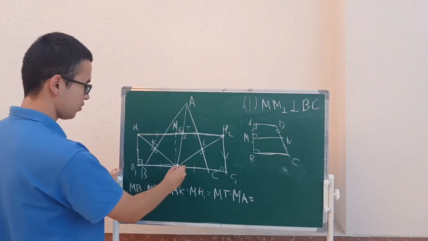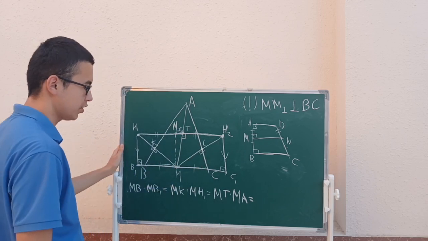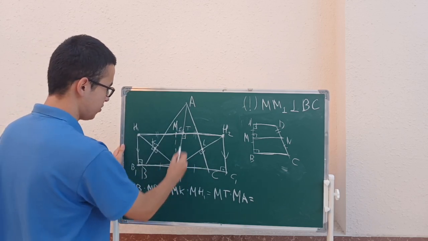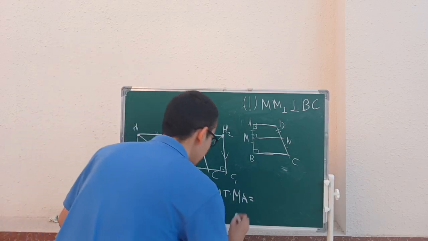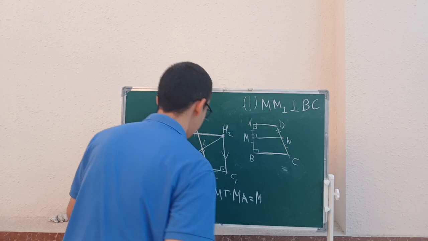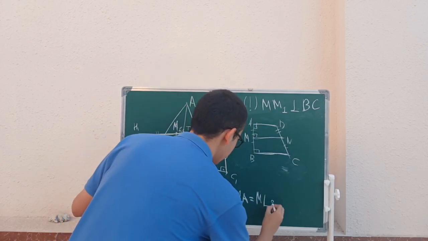By analogy, ATLH2 is also cyclic, which means that MT times MA is equal to ML times MH2.